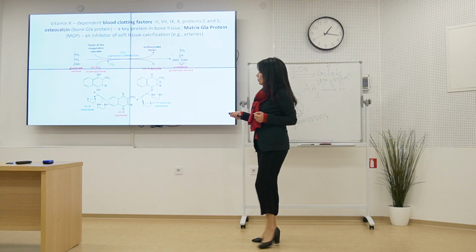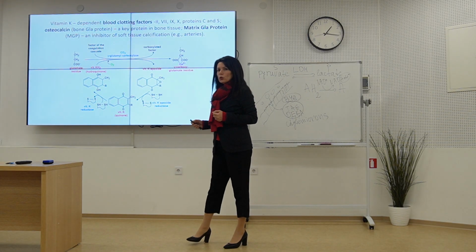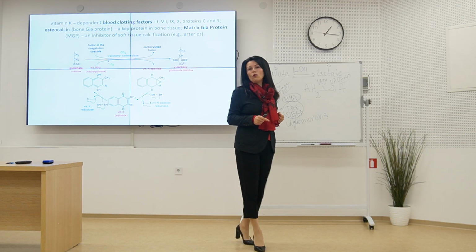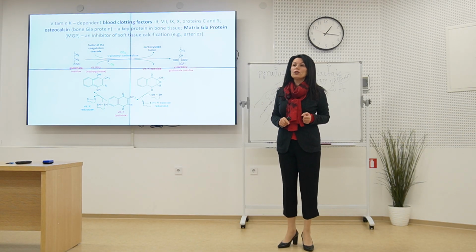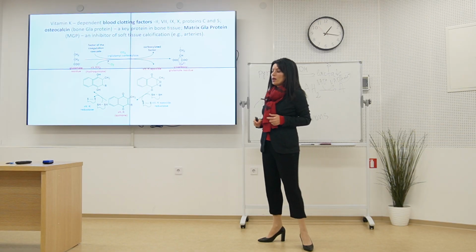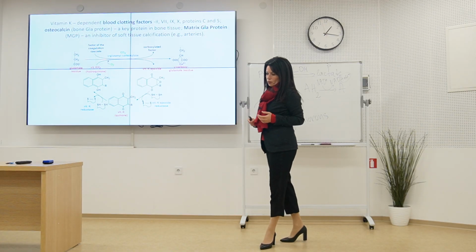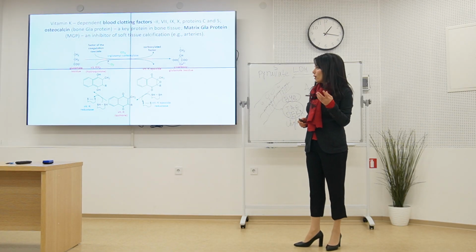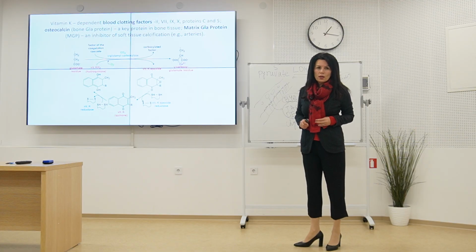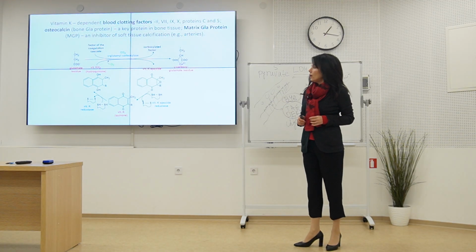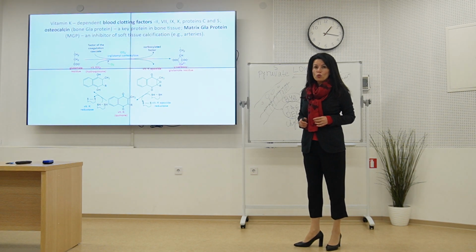If these enzymes are blocked by specific anticoagulants, blood clot formation will be prevented. That's why these drugs are called anticoagulants, or the full name is indirect anticoagulants, like warfarin and coumarins. They act exactly by blocking the vitamin K epoxide reductase enzyme.